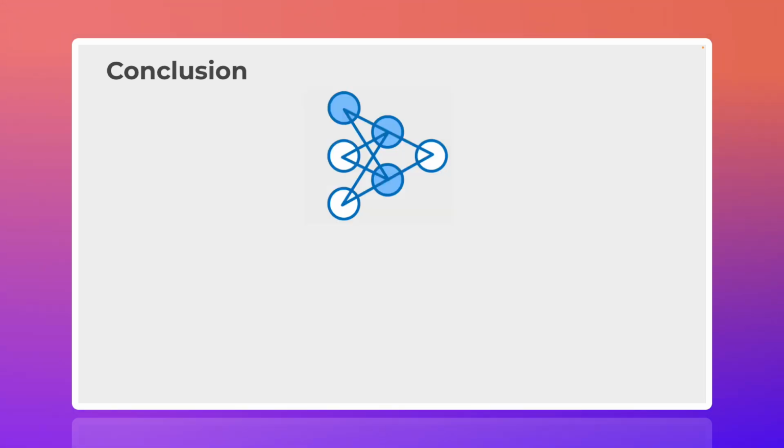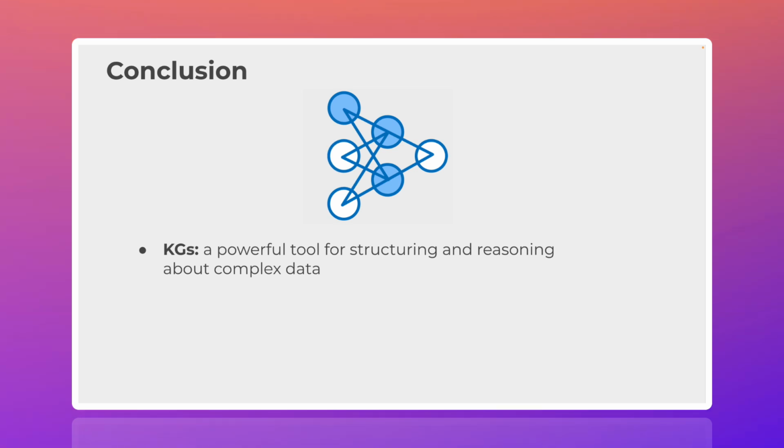Right, so in summary, knowledge graphs are a powerful tool for structuring and reasoning about complex data. As you can see, it's graphs. The great thing about KGs is that they enhance the capabilities of AI systems, which means they improve search and recommendation engines, and they do facilitate data integration and analysis across various domains, which we'll see as we go through this course.